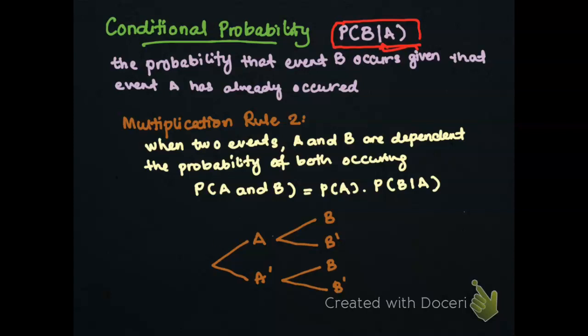So this here will be the probability of A, and the second branch is the probability of A prime.